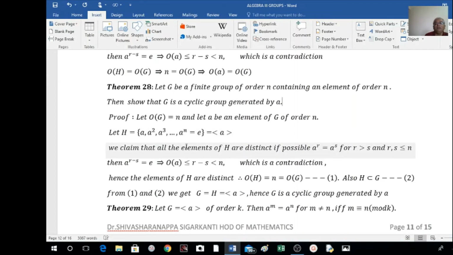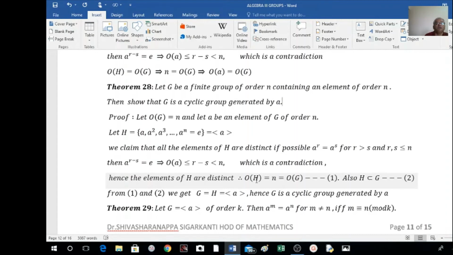Okay. And again we are claiming that this is, as in the previous theorem we have considered, again we claim that these elements are distinct here. So we consider A raised to R equal to A raised to S for R greater than S, and we are getting a contradiction here. Therefore, all the elements are distinct, which means order of H is equal to n here. So finally, all the elements of H are distinct.